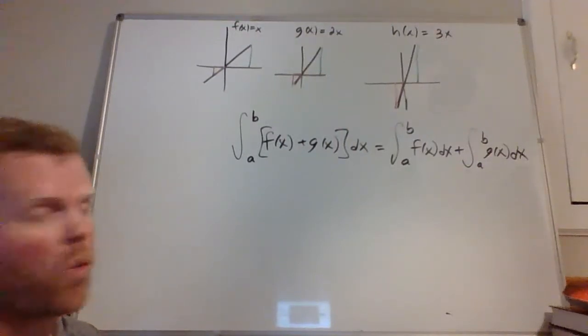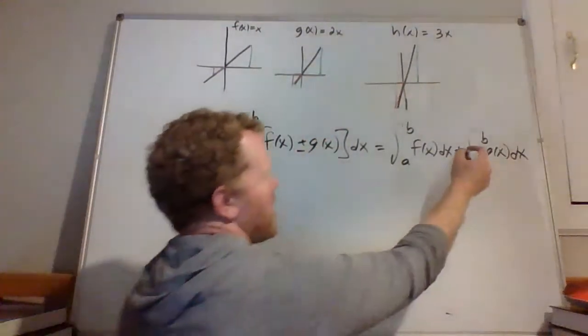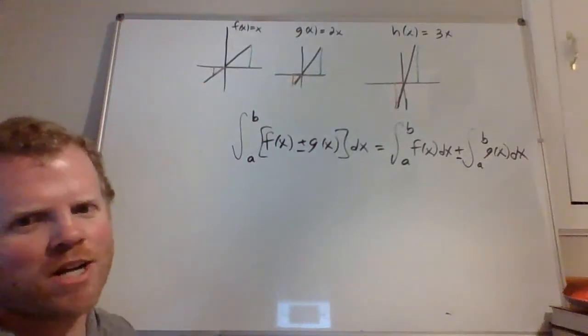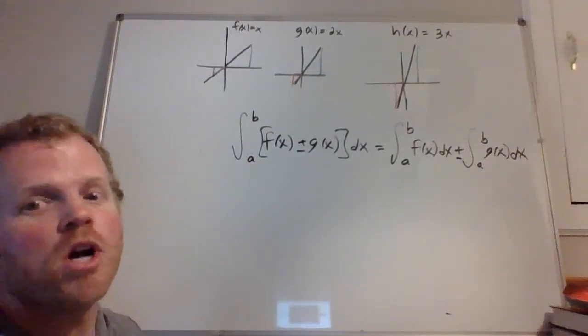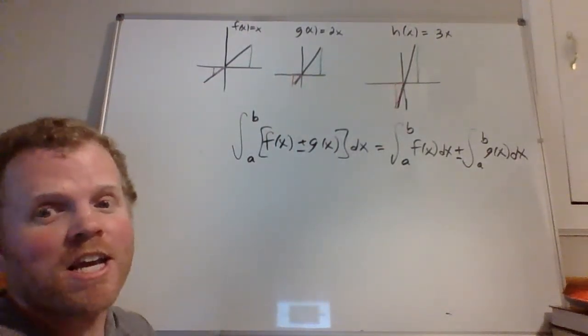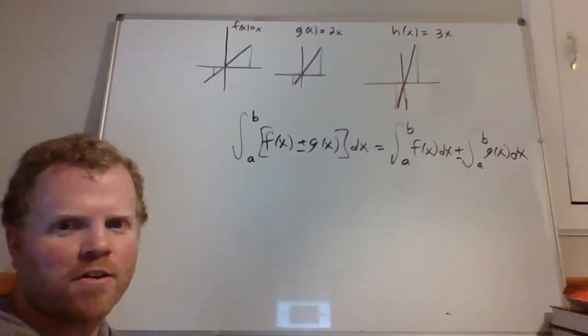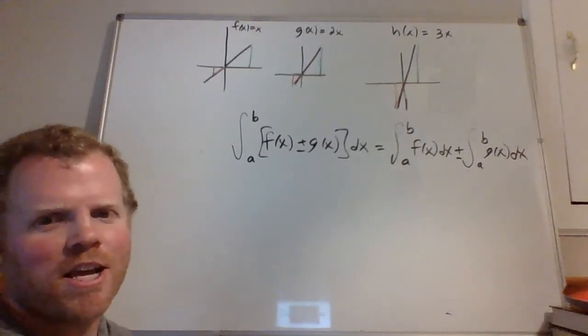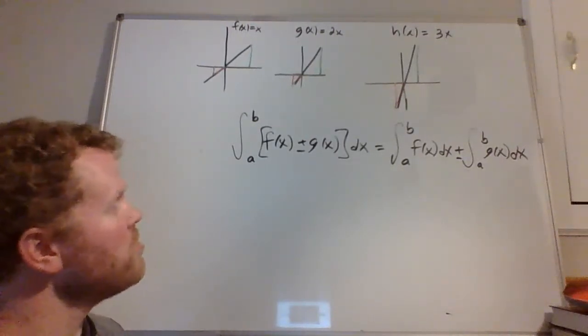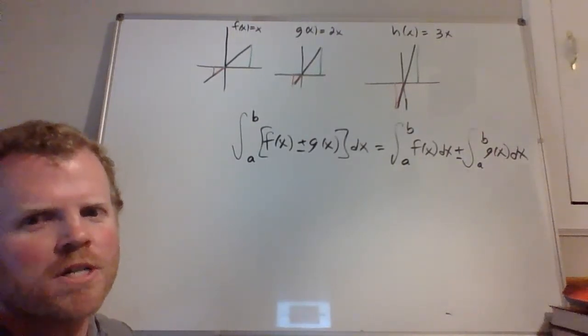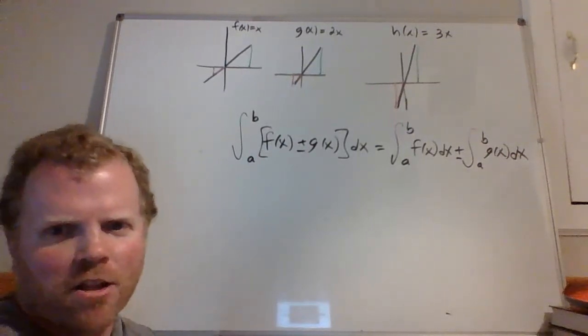If it's addition or subtraction, I guess I should say plus or minus, because addition and subtracting is just adding a negative number. So literally same exact property that works for integrals also works for the thing we learned before, antiderivatives. So surprise, surprise, that thing you could do for antiderivatives, you can also do for these things that are integrals. It's crazy, I know. It's almost like they're related some way.